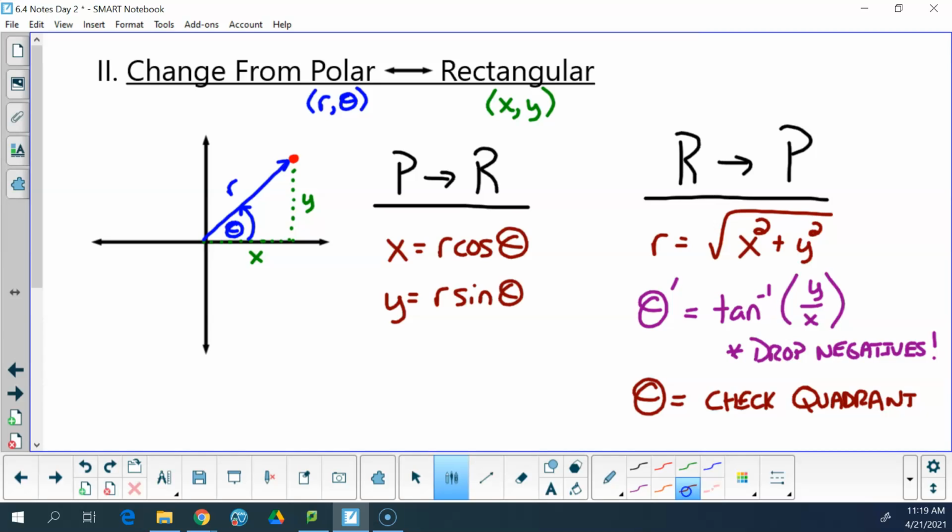In quadrant 3, it's 180 plus the reference angle, or pi plus the reference angle. In quadrant 4, it's 360 minus the reference angle, or 2 pi minus the reference angle. So we check our quadrants there.